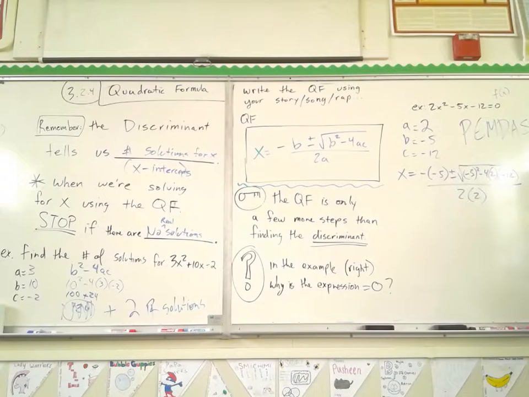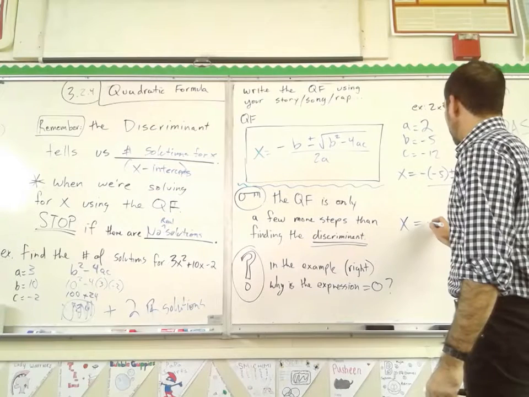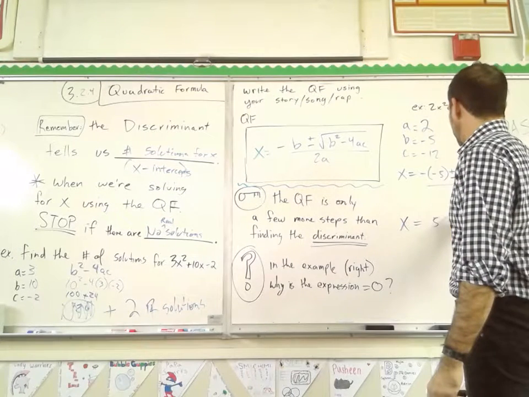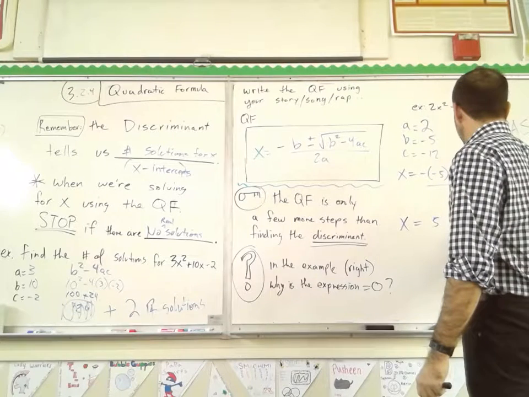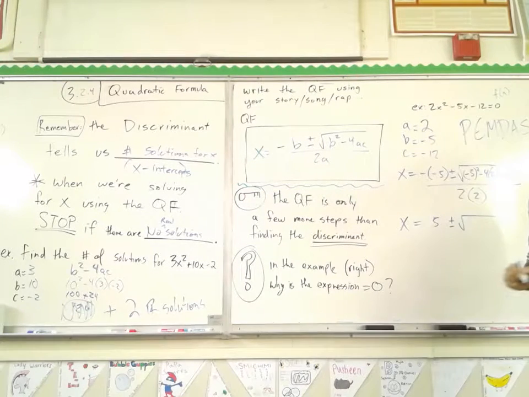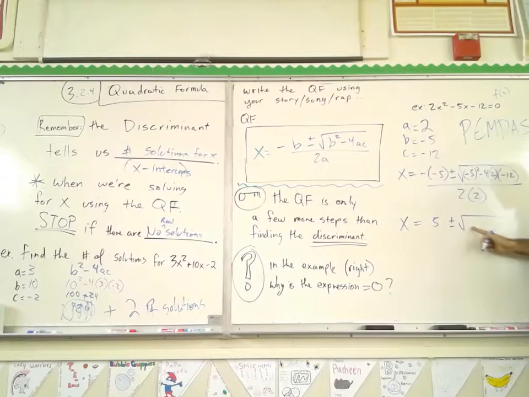All right. Somebody tell me what goes under here in the discriminant. What did this all work out to? Well, no. I like what you said there, 25. We'll go and do that, and then it'll be -4 times 2.